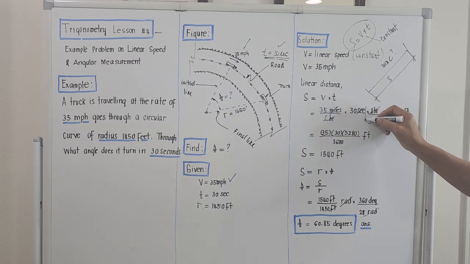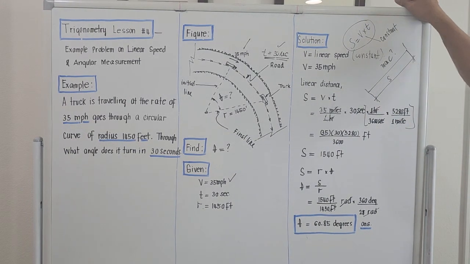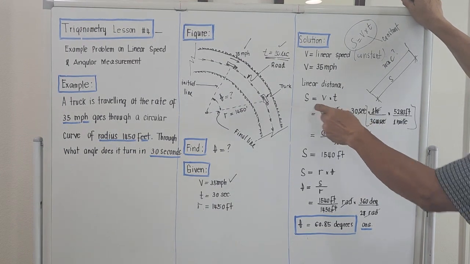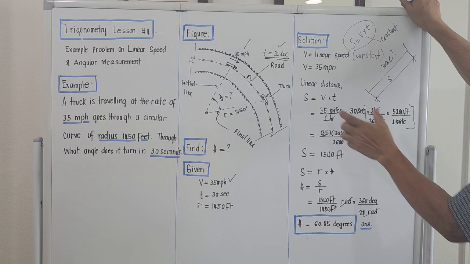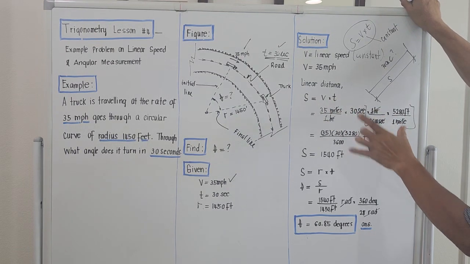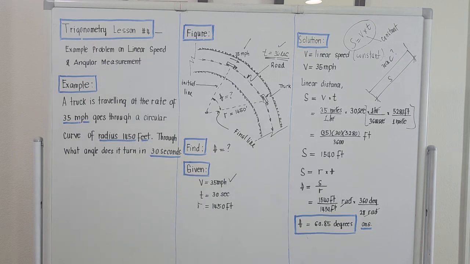So this part of the solution here is actually the conversion problem. Conversion part. Because the product of 35 times 30 seconds is just this velocity times time. But we must convert some values here for us to make some cancellations. So we'll try to eliminate these seconds here.